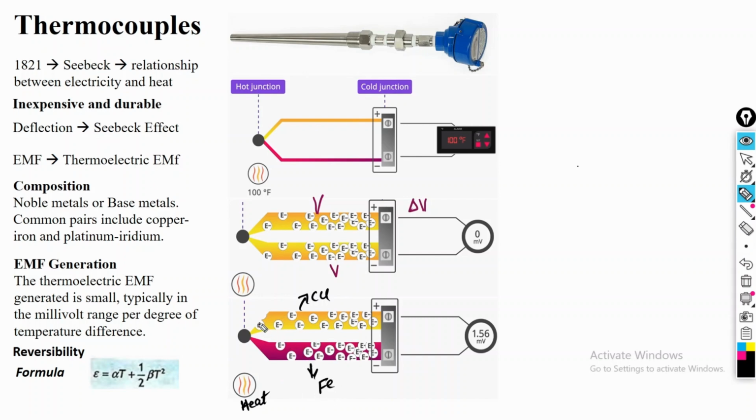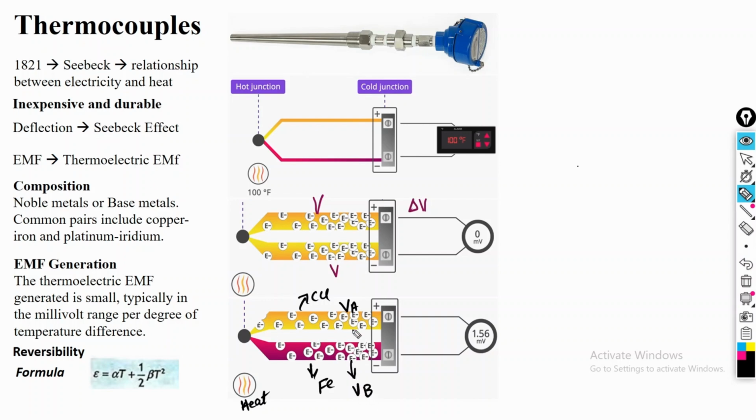Therefore the motion of electrons in this metal will be different from the motion of electrons in this metal due to this source. So the motion of the electrons is different, and the potential at this metal will be different. Let's say this is VA and let's call this VB.